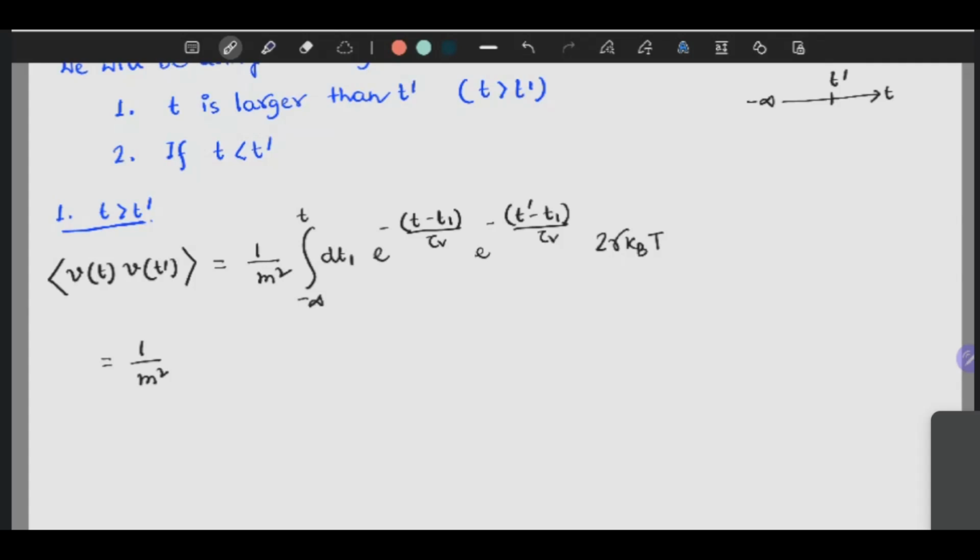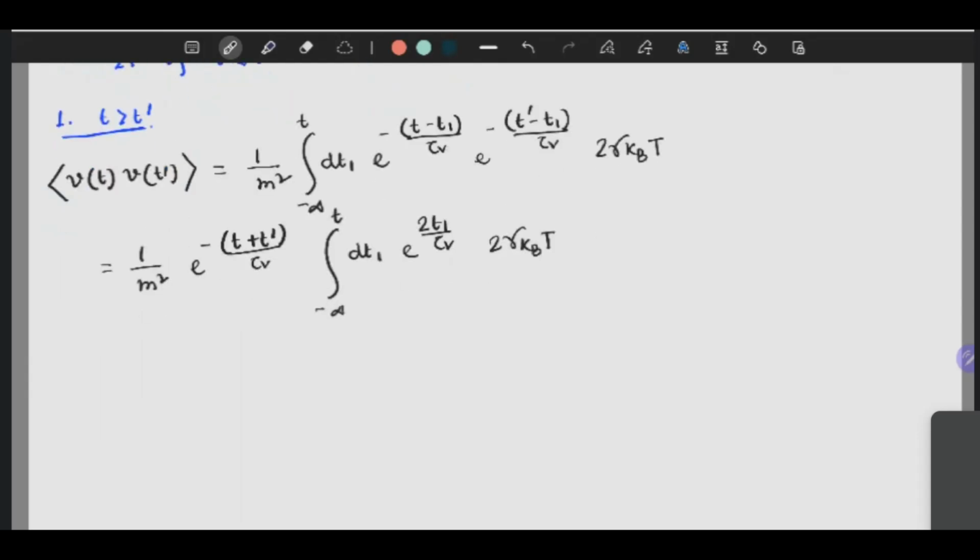And this becomes e to the power minus (t plus t prime) by tau v, minus e to the power t dt1 e to the power 2t1 by tau v into 2 gamma kbt. Clear? This term clear? So this is t1 by tau v, from here to t1 by tau v, so this will be 2 t1 by tau v.